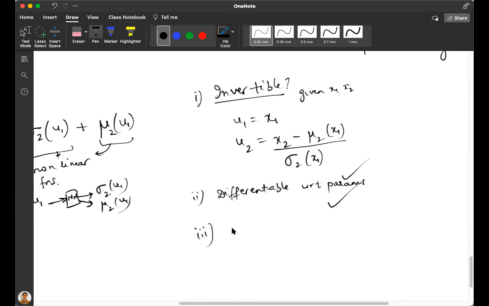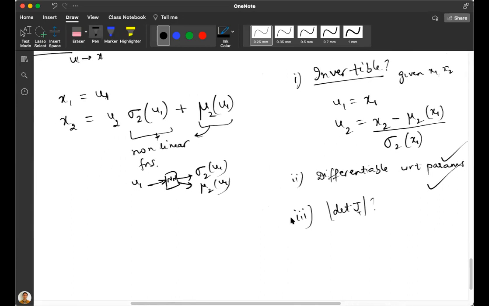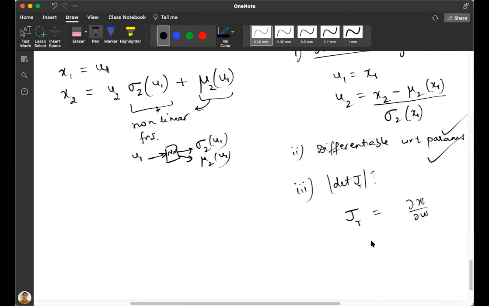What about the Jacobian? Determinant of J, JT, whatever. Is it easy to compute? Can you compute what is the Jacobian? The Jacobian JT is basically dou x upon dou u. What is this? Dou x upon dou u, tell me.